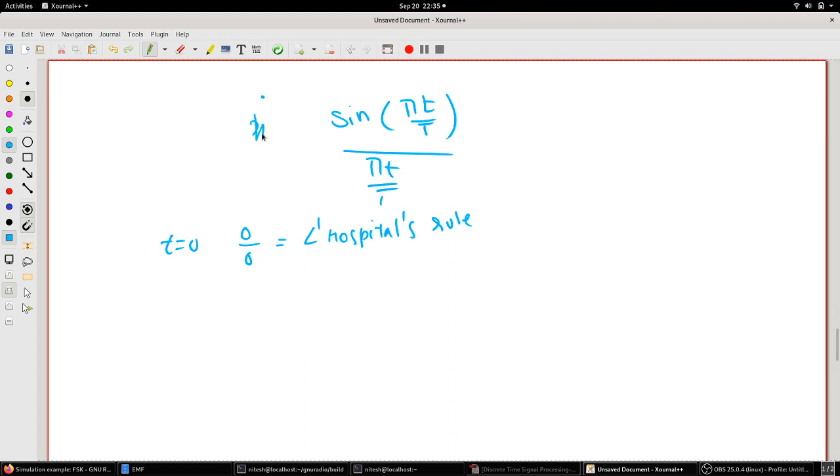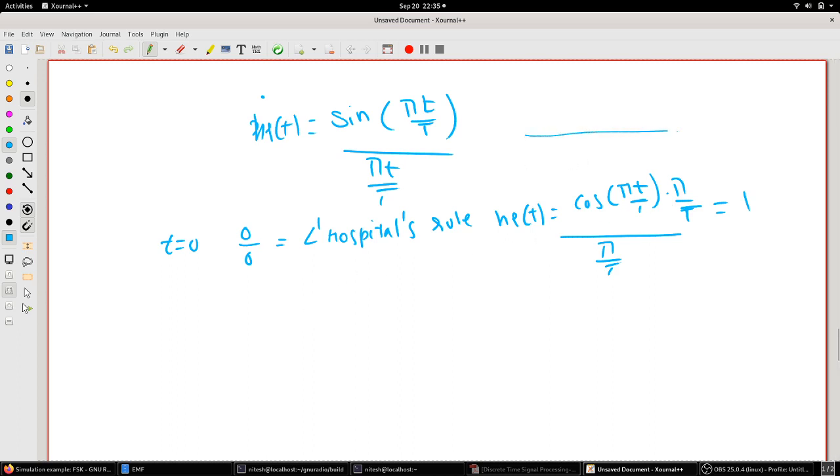This is my h_r(t). So my h_r(t) will be the derivative of this, which is cos(πt/T) into π/T upon π/T. So what you will get is cos of 0, which is 1. For everything else you will get a value.